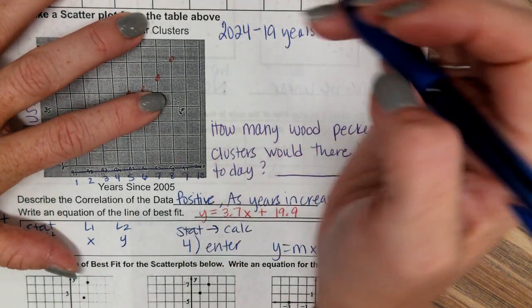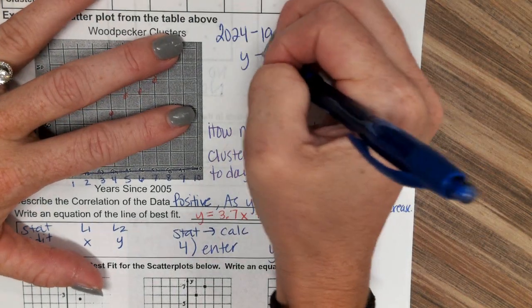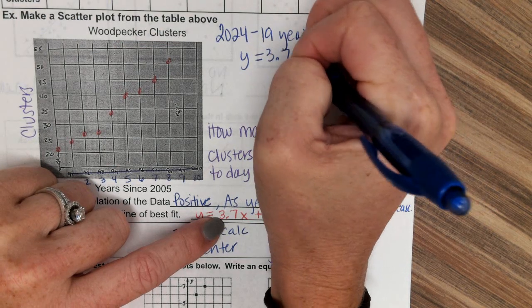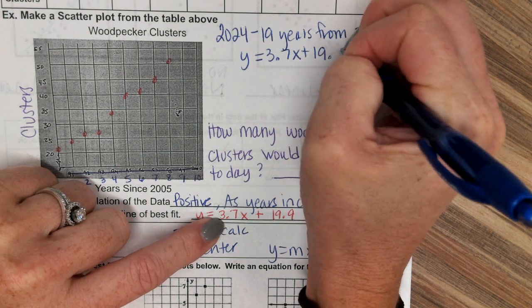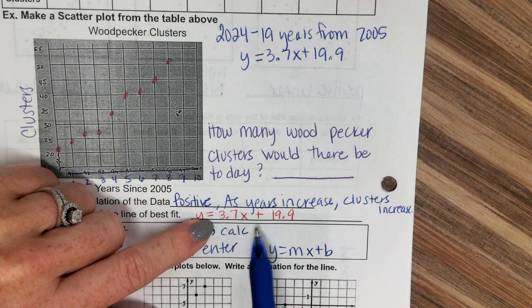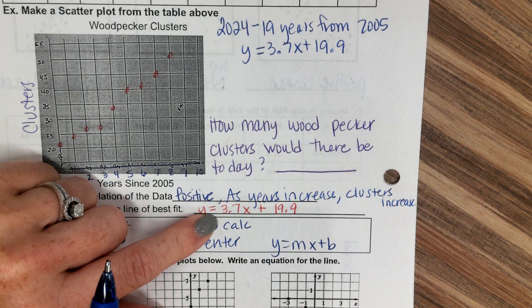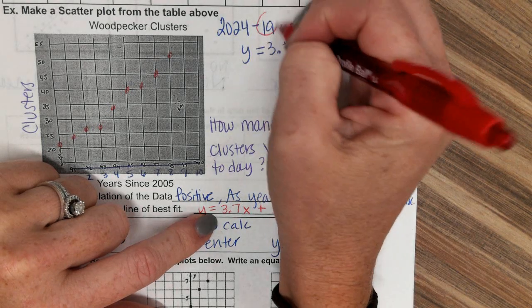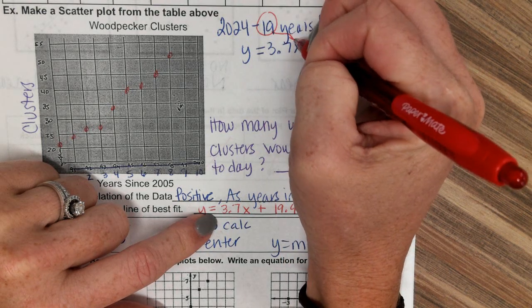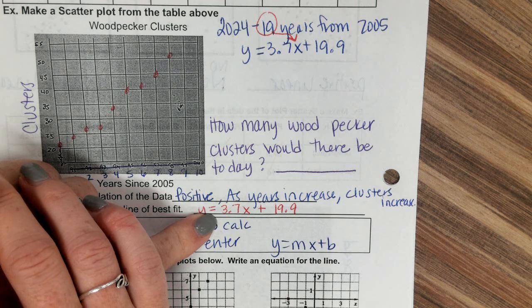So I'm going to plug into my equation. My equation is y equals 3.7x plus 19.9. Where did I get that from? The line of best fit. I got it from STAT, yes? So I'm going to take 19 years and plug it in for x.